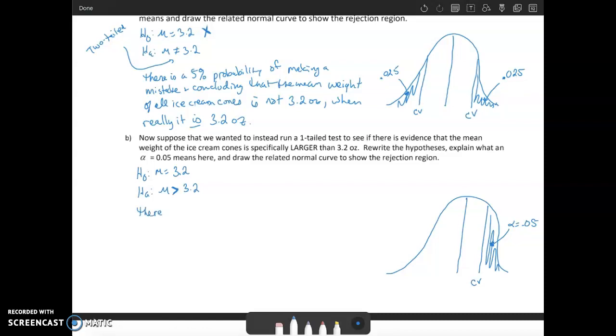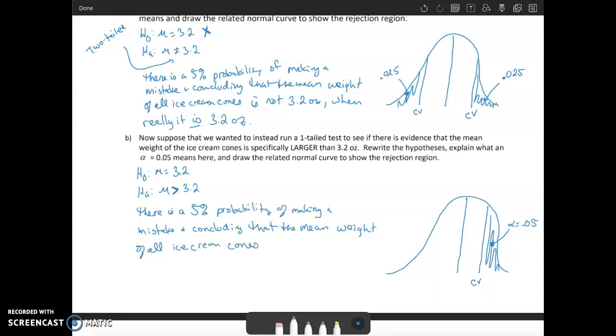I would still say there is a 5% probability of making a mistake and concluding that the mean weight of all ice cream cones is more than 3.2 ounces when really it is 3.2 ounces.